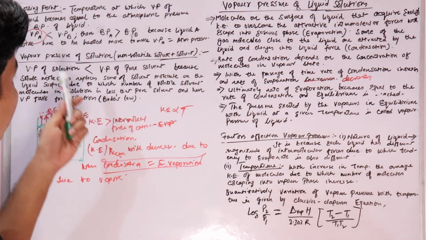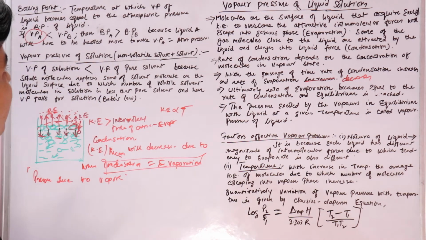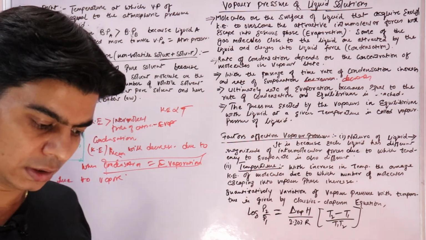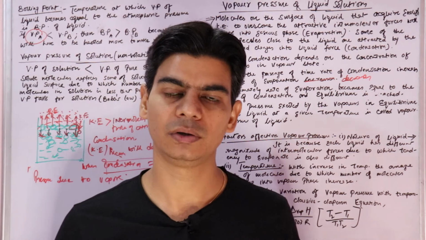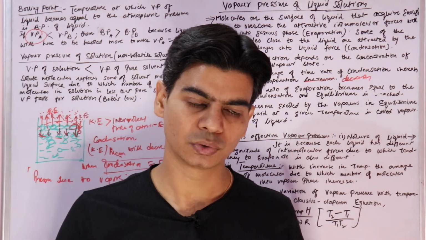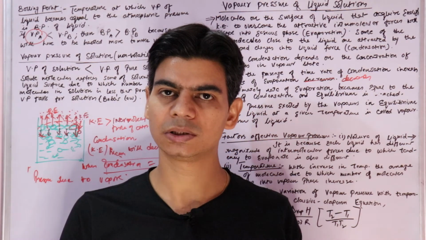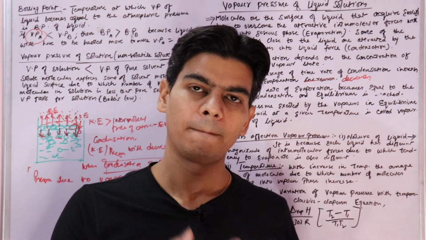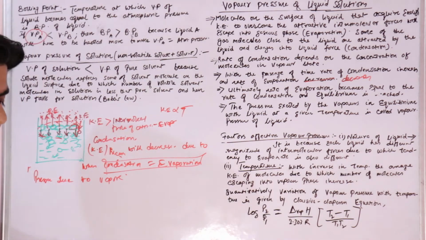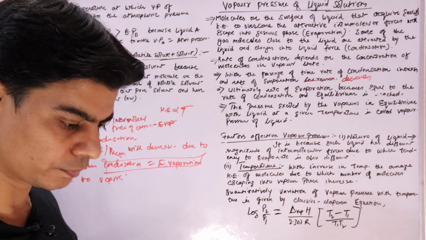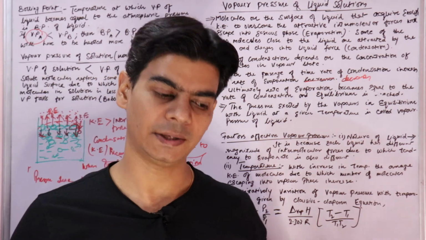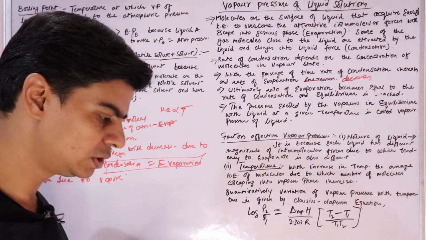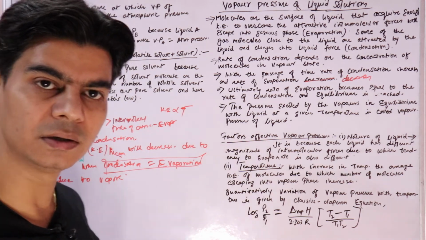So the liquids that have low vapor pressure, that is, high intermolecular force of attraction and a low tendency to enter into the vapor state, would need to be heated more.